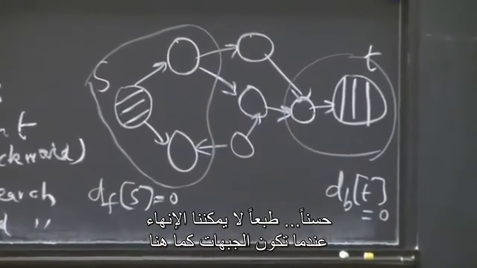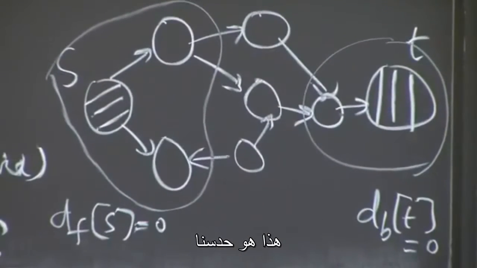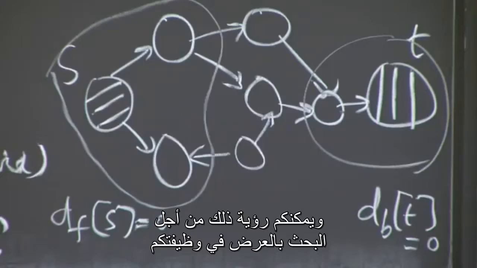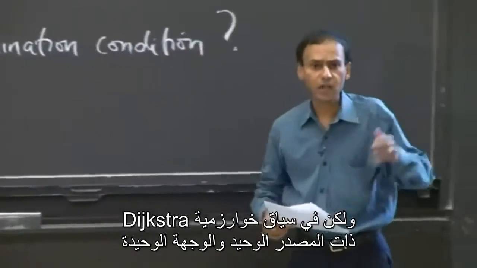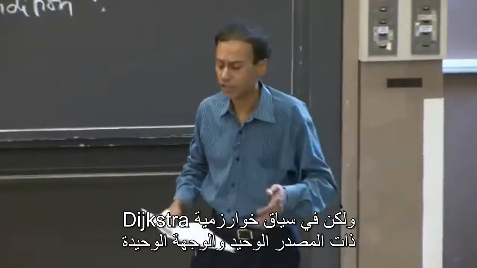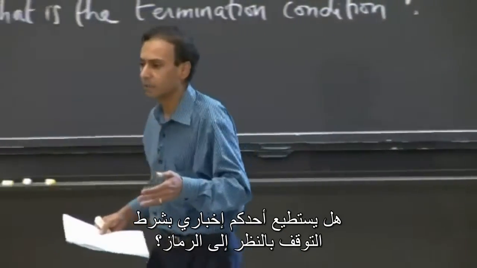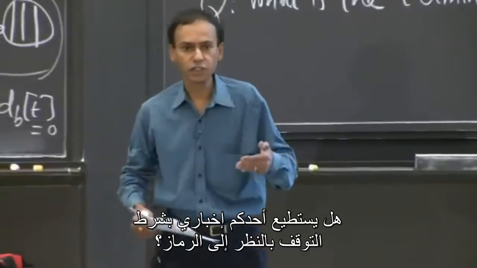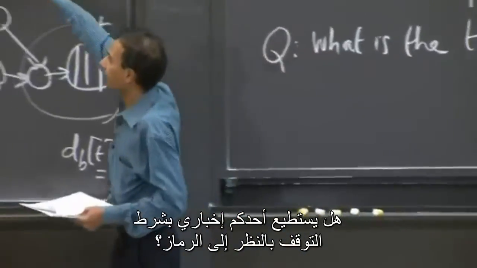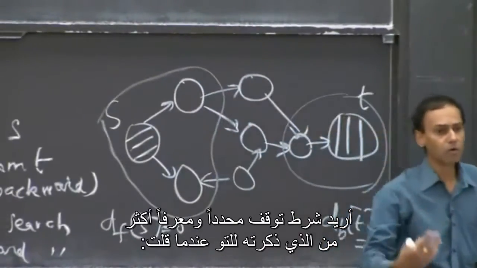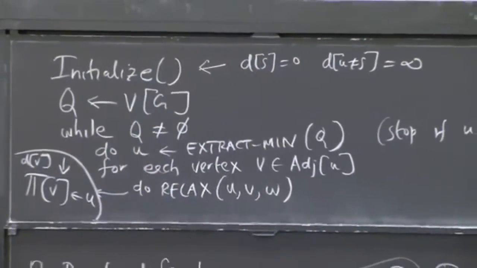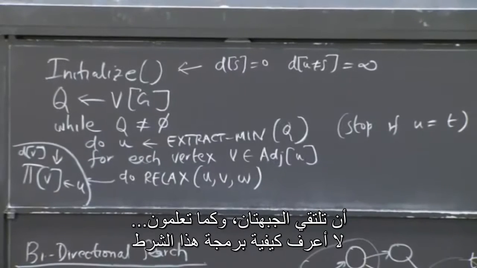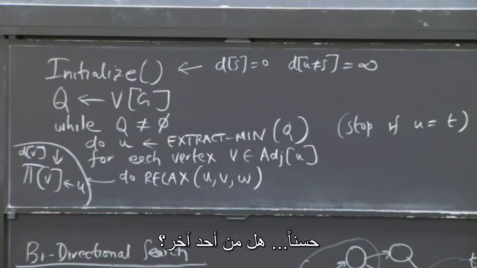So that's the intuition. And you've seen that for breadth first as well in your problem set. But in the context of Dijkstra, single source, single target, can someone tell me what the termination condition should be by looking at the code? I want a more specific or more concrete termination condition that I can actually code up, as opposed to saying the frontiers meet, which I don't know how to code. Someone else?